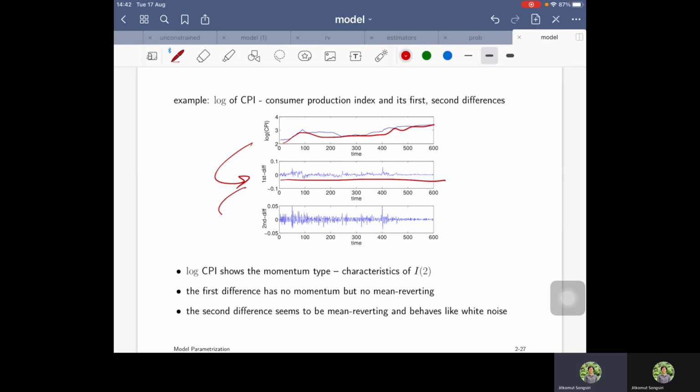So maybe you try to take a second order differencing. And this is just based on your pre-analysis of the time series. Then you may suggest that it might fit an integrated process of order 2.